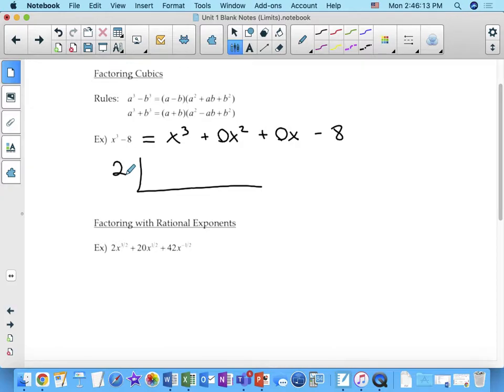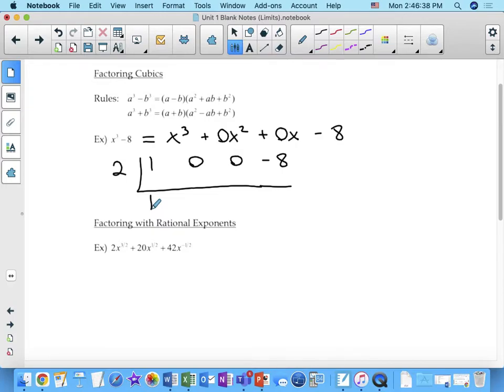And then in here, I'm going to put all of these coefficients, or in the case of the -8, it's a constant. So 1, 0, 0, -8. And this first guy, I'm just going to bring down.